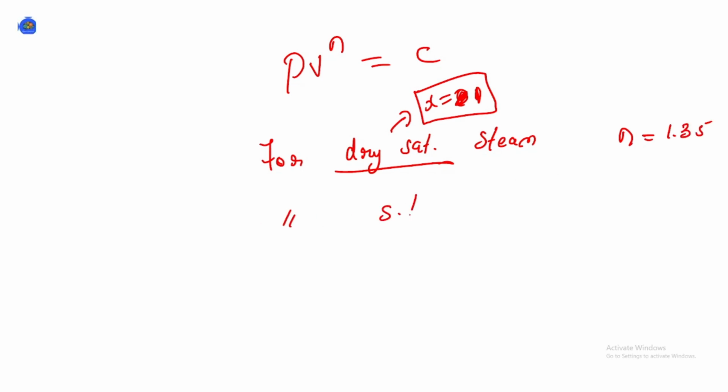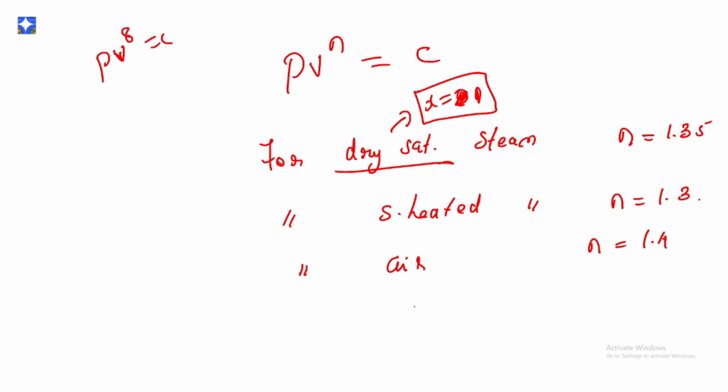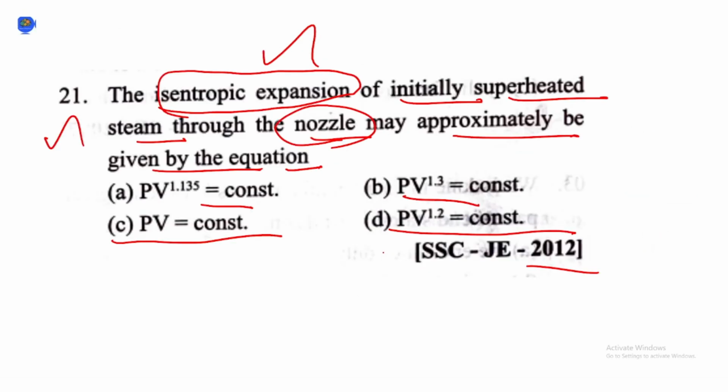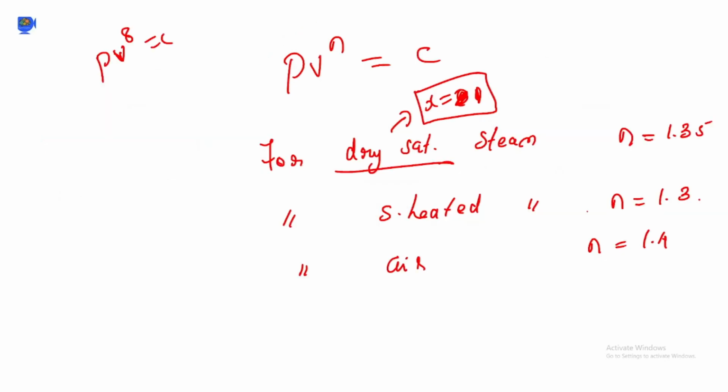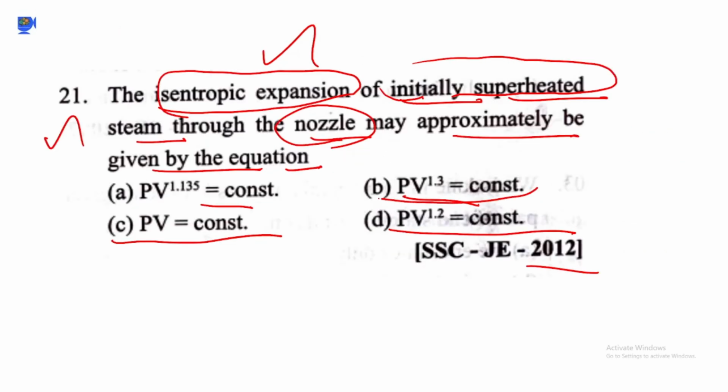Similarly for superheated steam, your n value would be 1.3. And for air, your n is 1.4, which everyone knows, so it becomes PV power gamma equal to constant. If you read the question, they have said clearly that it is initially superheated. So I can say that 1.3 should be the answer, which means option B is the correct answer.